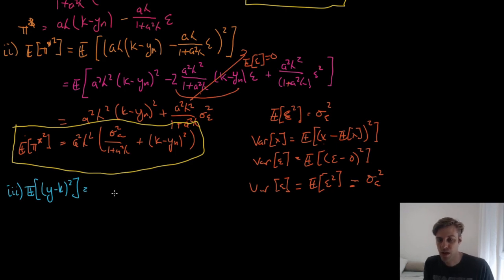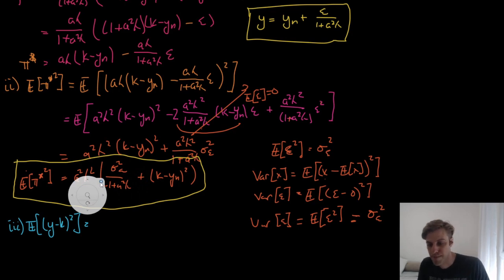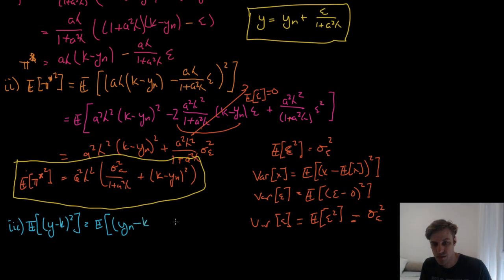And we know the expected value of y. We scroll back up a little bit. The expected value of y is, so we're looking for the expected value of yn minus k plus epsilon over 1 plus a squared lambda, squared.